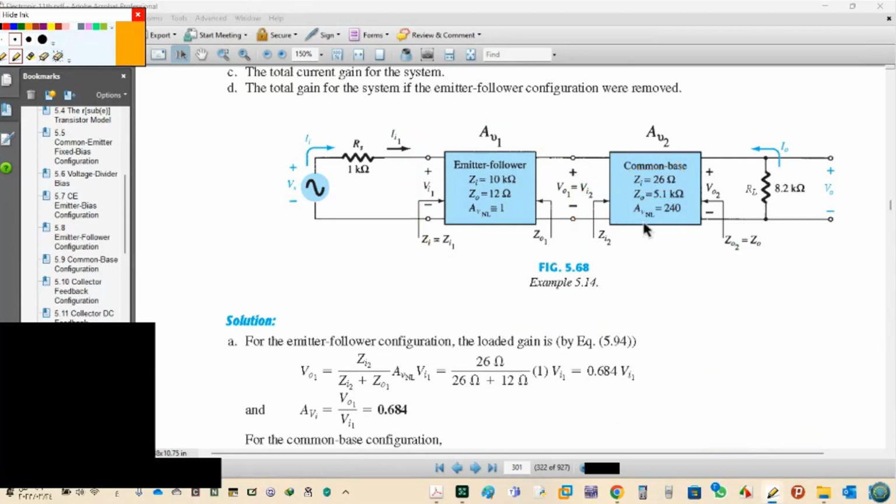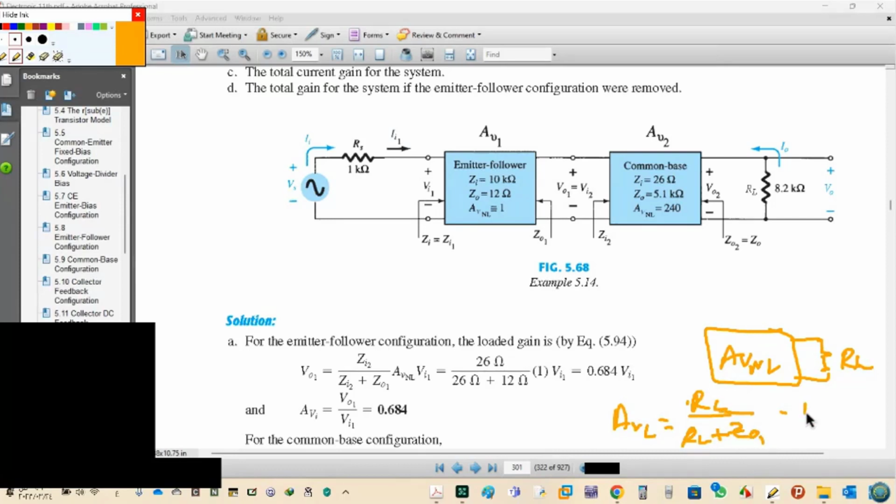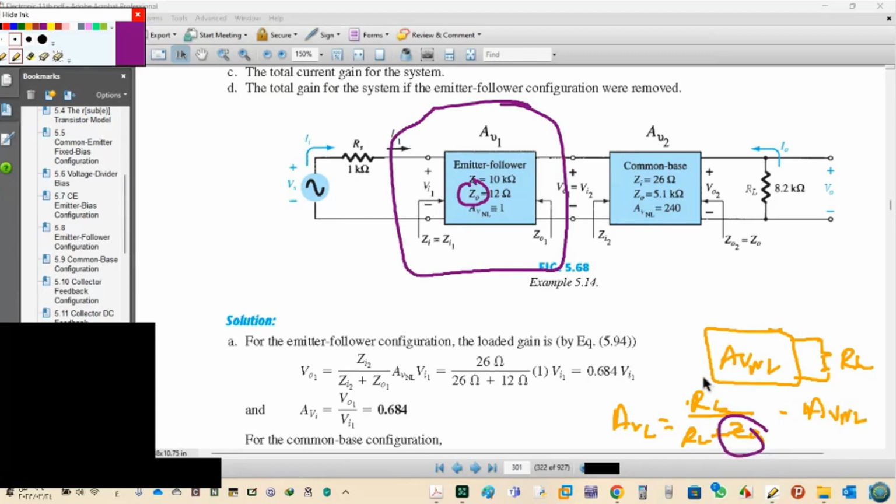Repeat. I have the system AV no load, and I have here RL. So AV load is RL over RL plus ZO1, for example, multiplied by AV no load. If I have stage 1, I have ZO. What is RL? RL is ZI2. Got the idea?